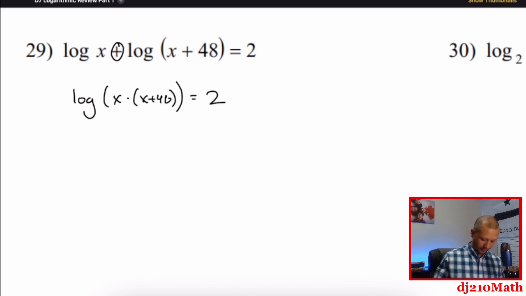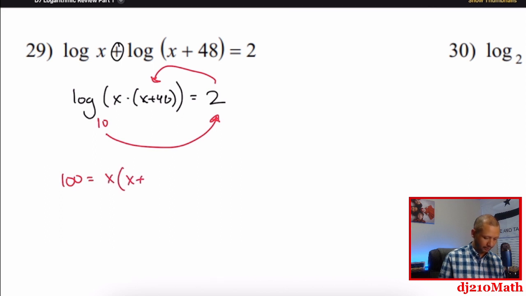So there's a 10 here, that means 10 raised to this equals this. So 10 squared, which is 100, equals x times x plus 48.